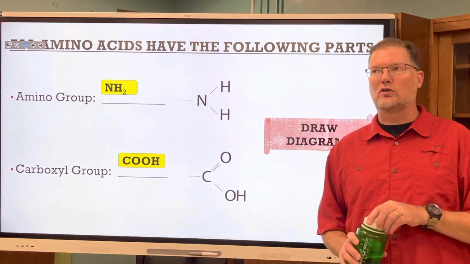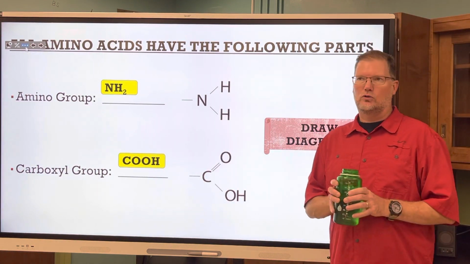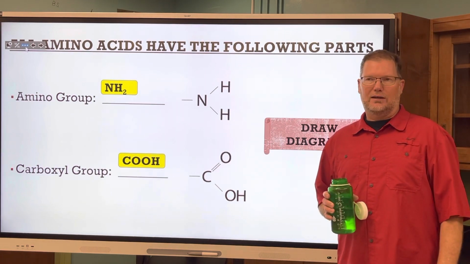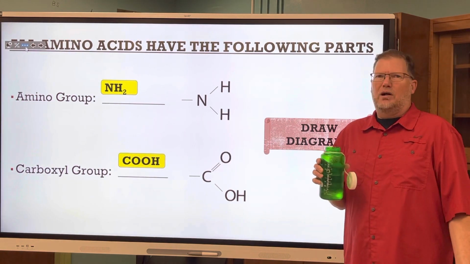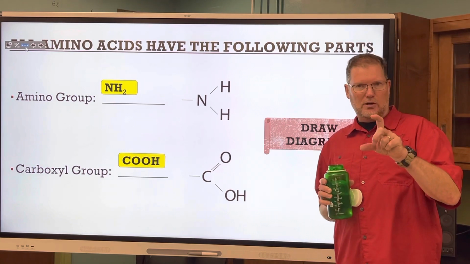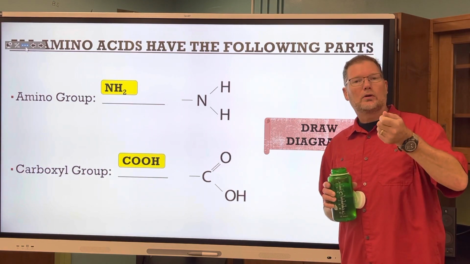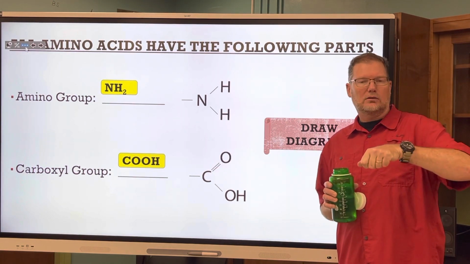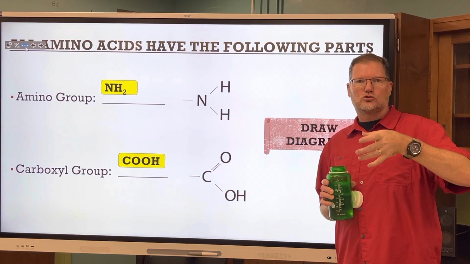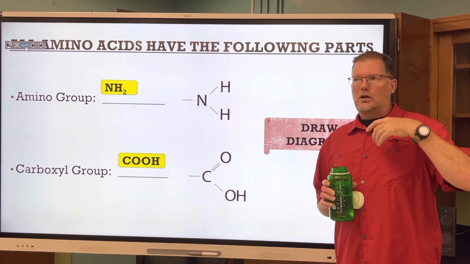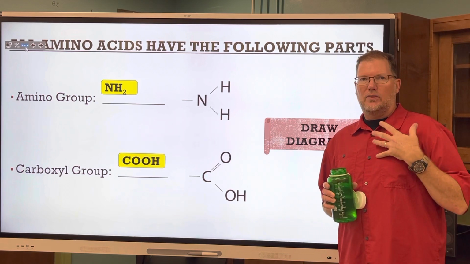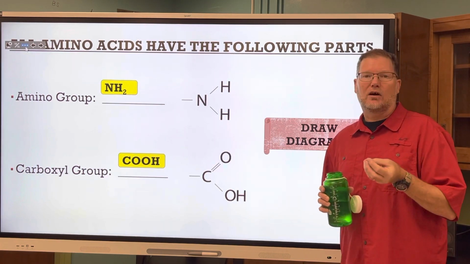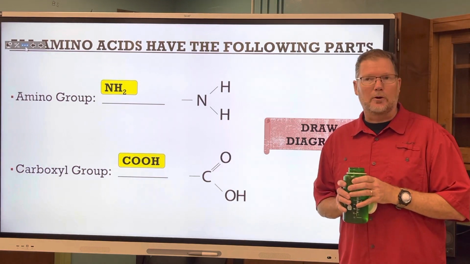Now you can go to the vitamin shop, you can go to many stores like Whole Foods or whatever, maybe even Publix sells it. You can get amino acids in a scoop that you can put in a shake and drink while you're working out. That'll help your body get the raw building blocks of proteins, because that's what amino acids are.